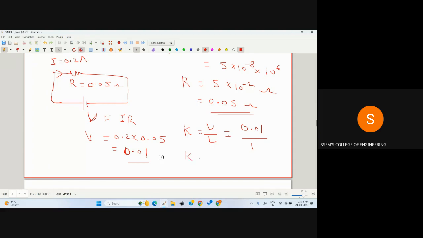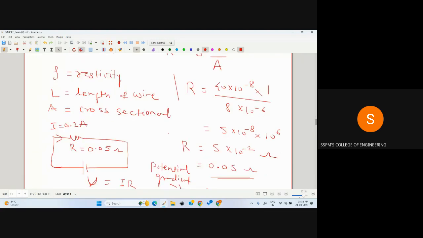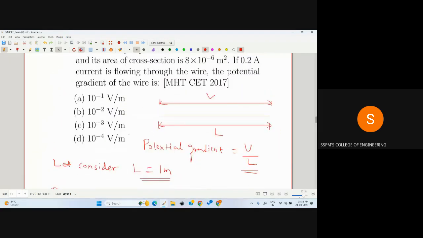So the potential gradient is 0.01 or 1 into 10 to the power minus 2 volt per meter. So K is the potential gradient. In this way, you find the potential gradient, and 1 into 10 to the power minus 2 is the correct answer. So let us see the options.